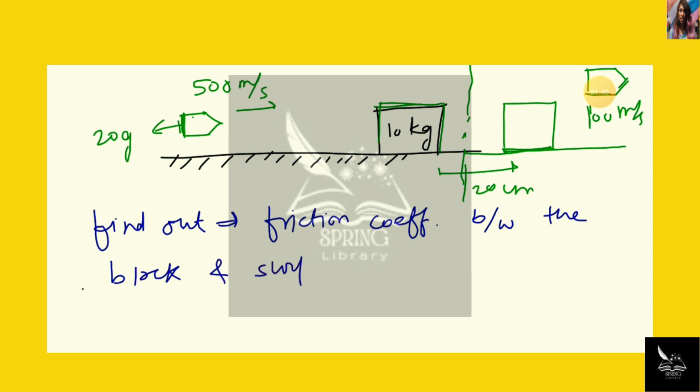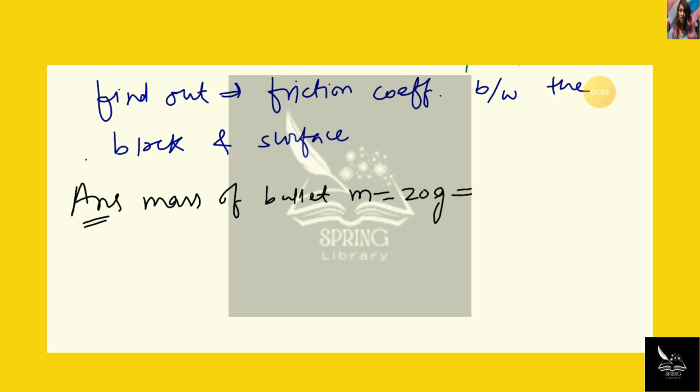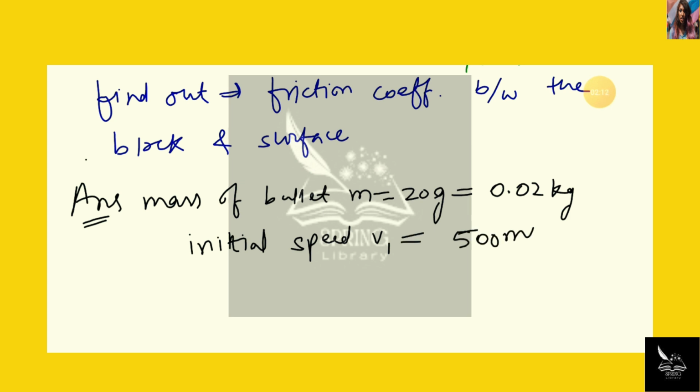So now let's start answering this question. In the answer first I will say that the mass of the bullet is given, small m is equal to 20 gram, or I can say 0.02 kg, and the initial speed of the bullet is v1 equal to 500 meter per second.